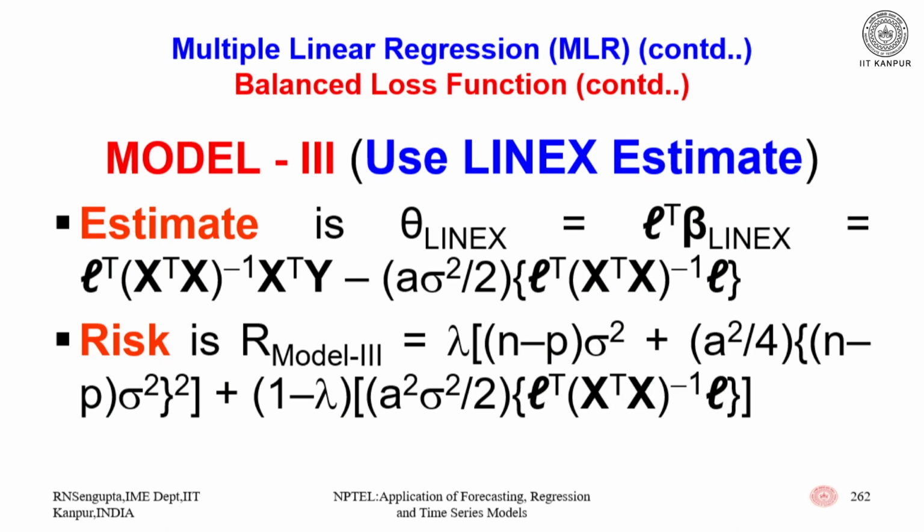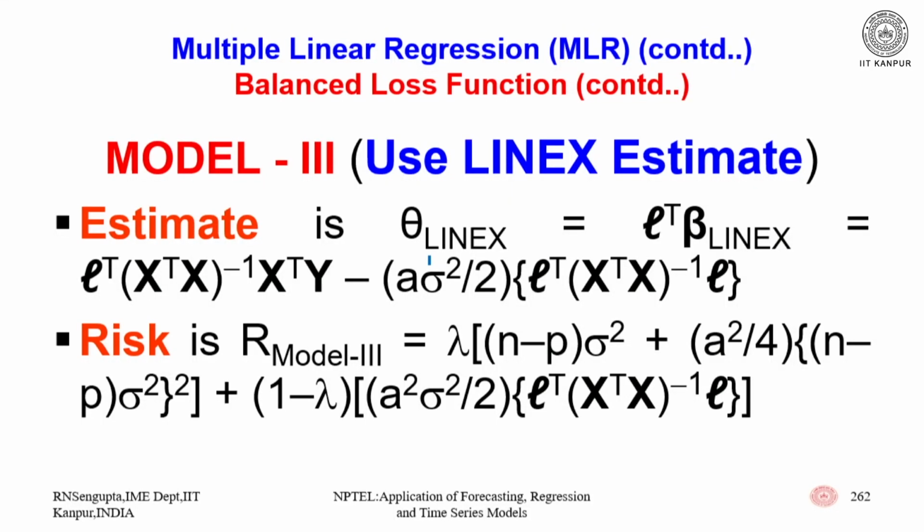The environment remains a combination of squared error and LINEX as for model 1 and 2, model 2 same, model 3 also same. But in model 1 and 2, if you remember, I am repeating it, the estimate was the squared error estimate. But now we are using the LINEX loss estimate, theta LINEX, and if you remember, the formula is given from the book. So, once you have it, utilize it.